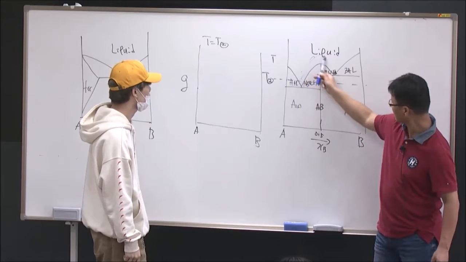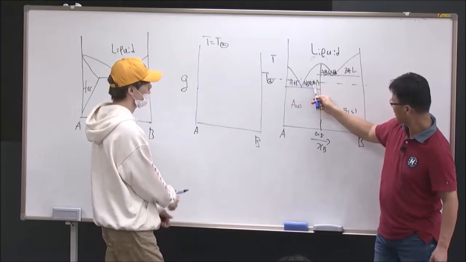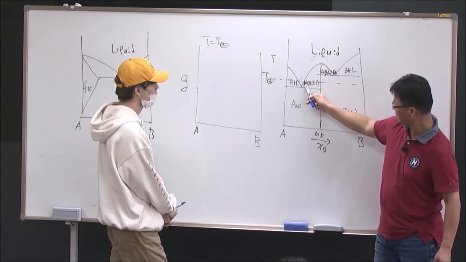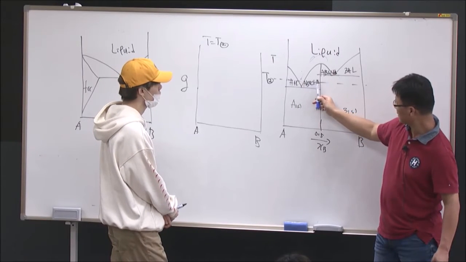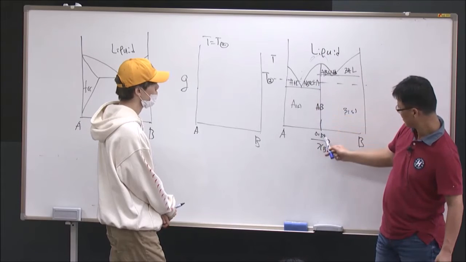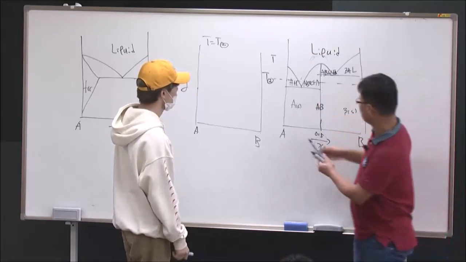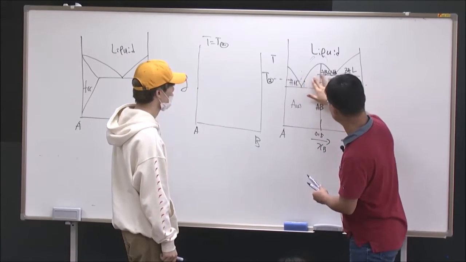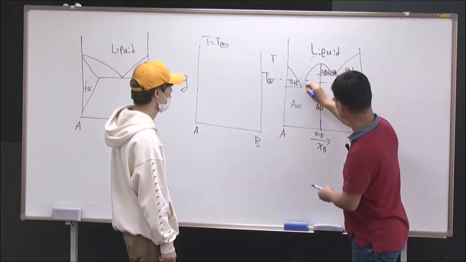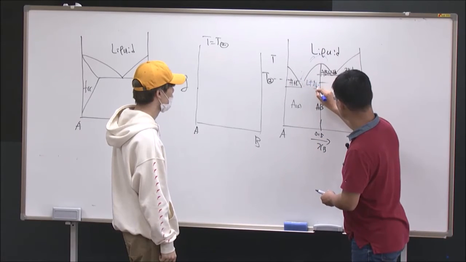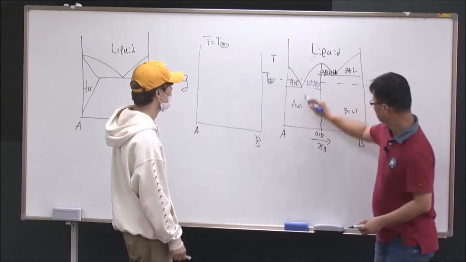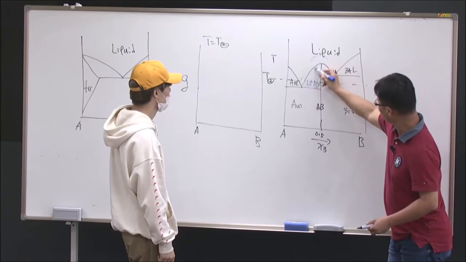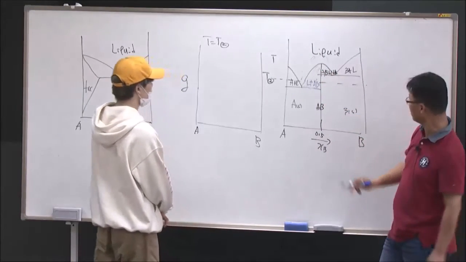So all this one is liquid. That's correct. And this point, left side liquid, right side AB. Okay? So inside all this area is liquid plus AB.